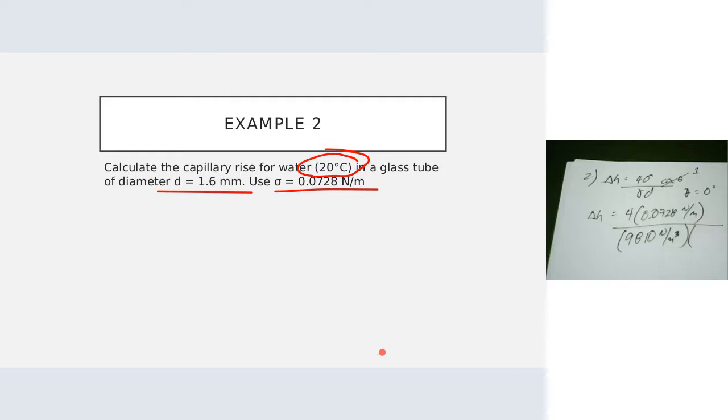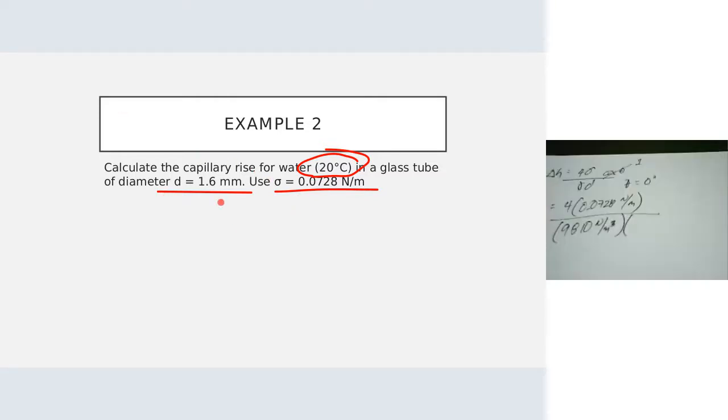Then we multiply this by the diameter. So we need to convert this to meter. So this will become 1.6 times 10 raised to negative 3 meter.